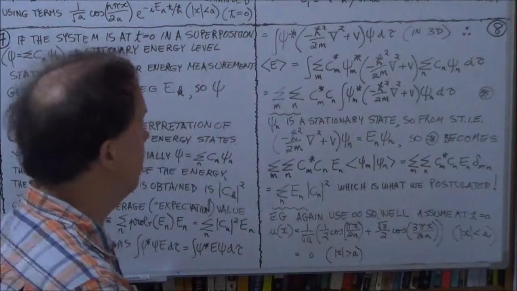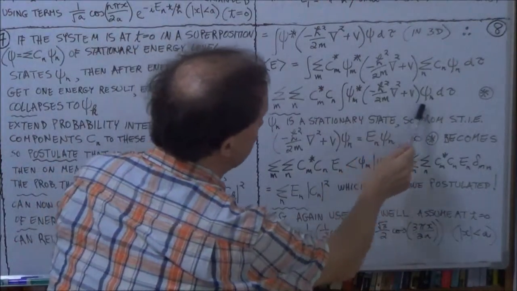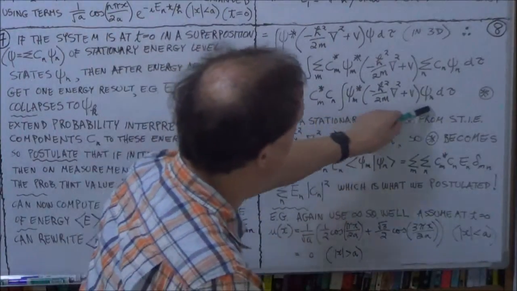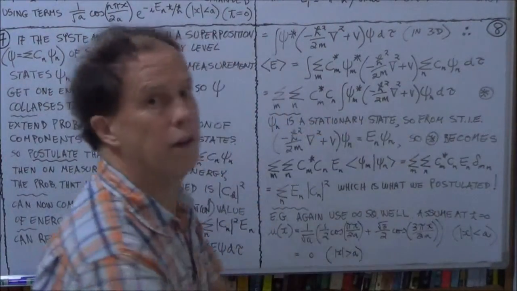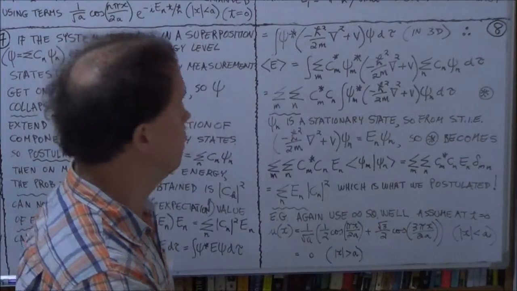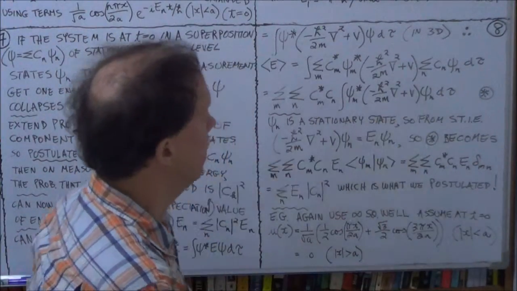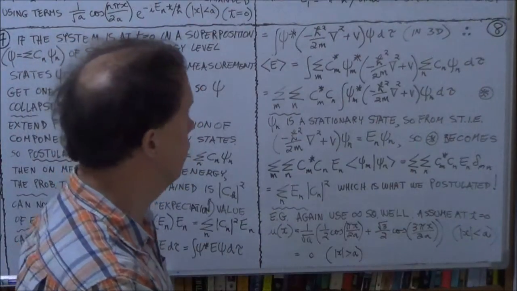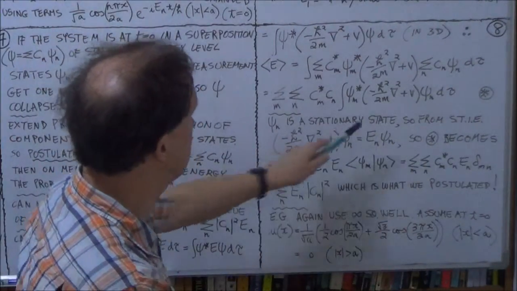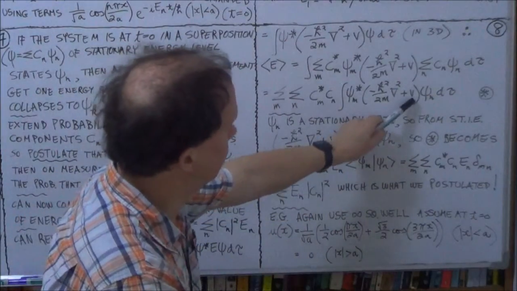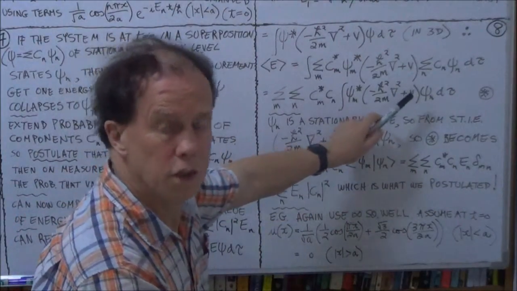Now have a look at this part here. That is the left-hand side of a Schrodinger equation. Because this wave function here is a solution to the Schrodinger equation when your V, the potential here, does not change with time.